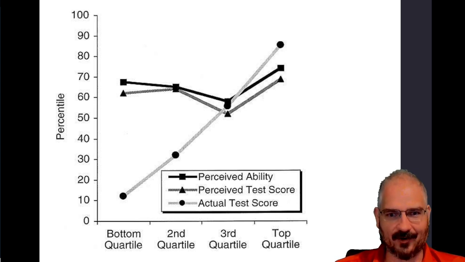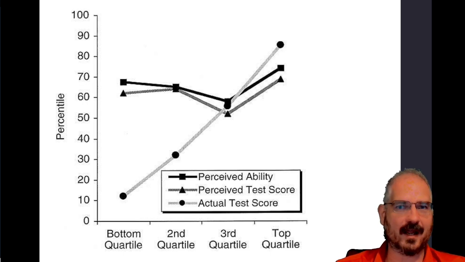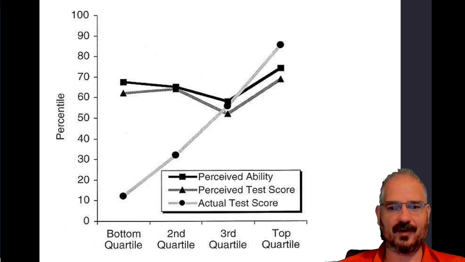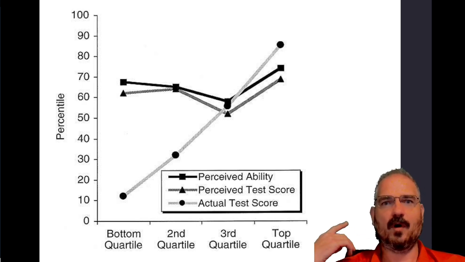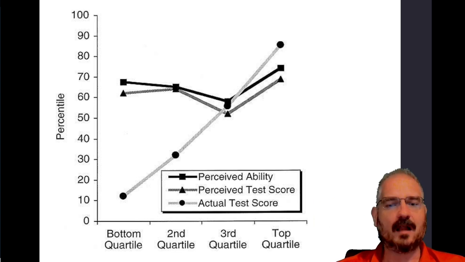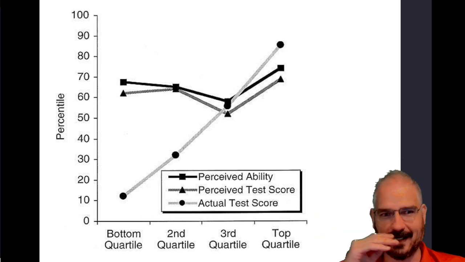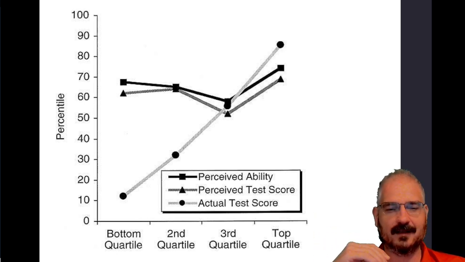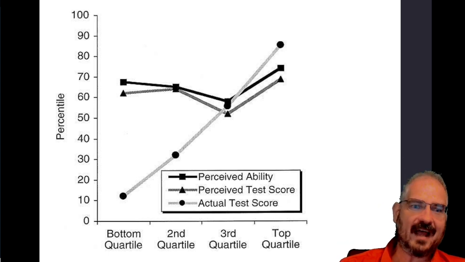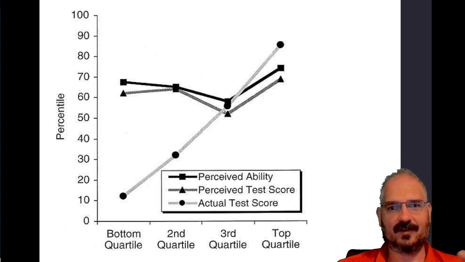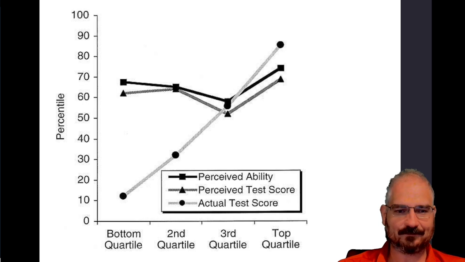So with this line graph, we have 3 different lines, okay? Now along the x-axis, we have the bottom quartile, second quartile, third quartile, and top quartile for knowledge on a topic or information known about some topic. And I have no idea what the actual topic was in this case. And then on the left, we have the percentile for success, right?